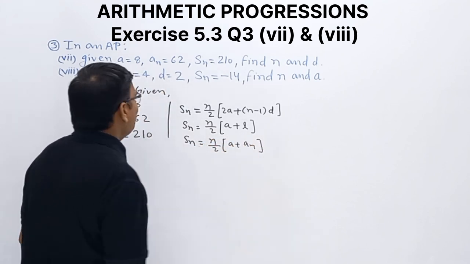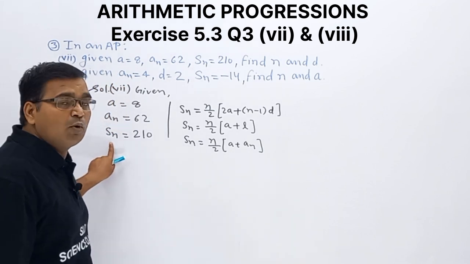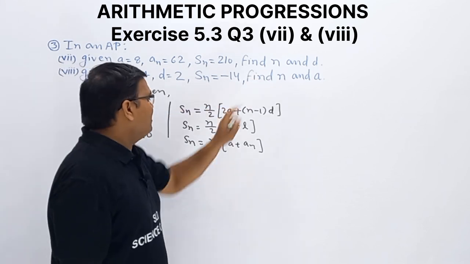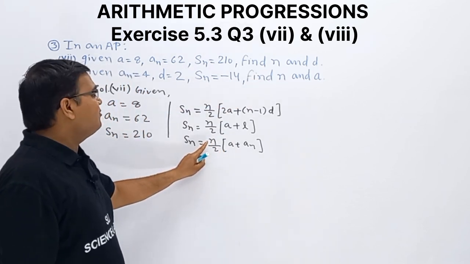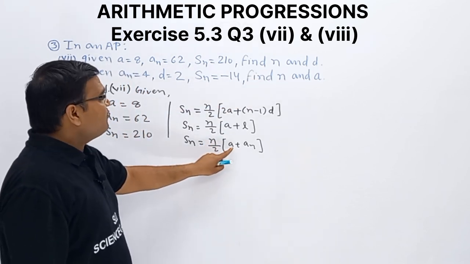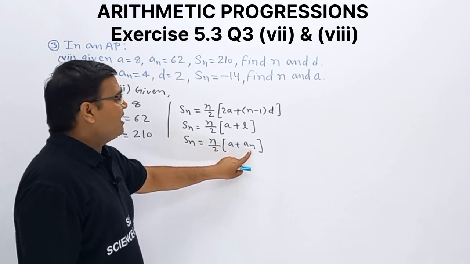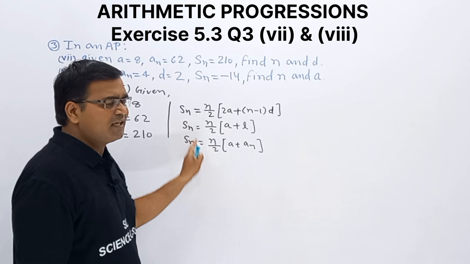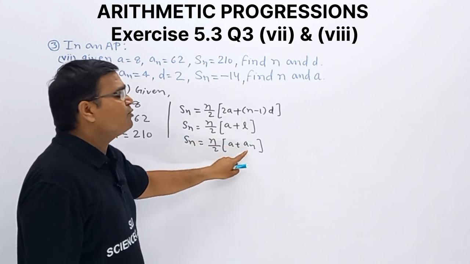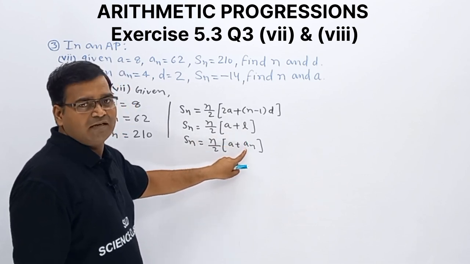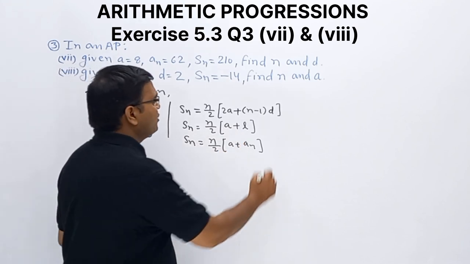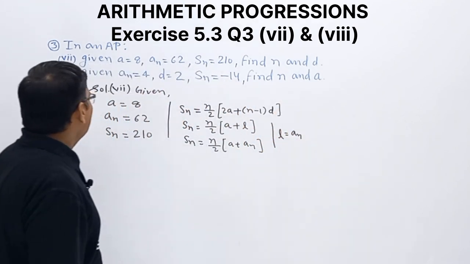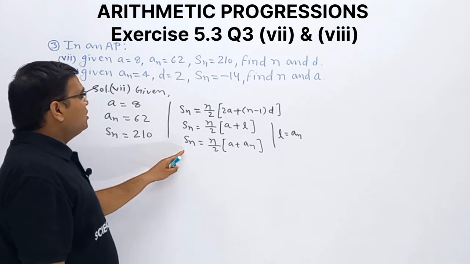Yes or no? Now we have the sum of the n terms, Sn. We require n, the number of terms of this AP. First term we have, nth term we have. Both formulas, this one and this one, are the same. L is the last term, and it is equal to the nth term of an AP, An. Clear? We can say last term equal to An. Clear? So we want n.